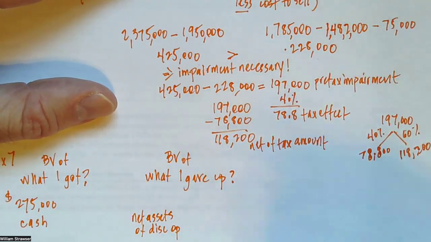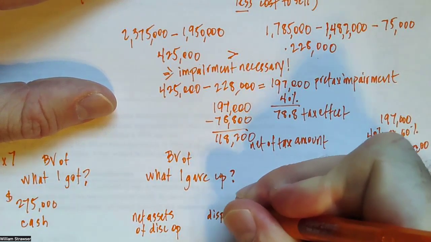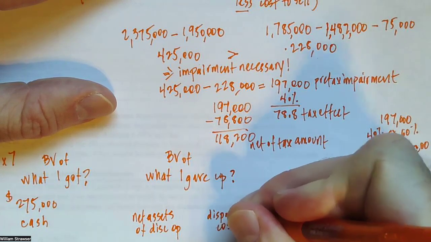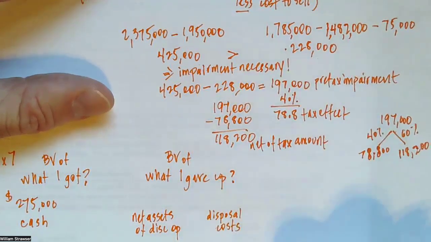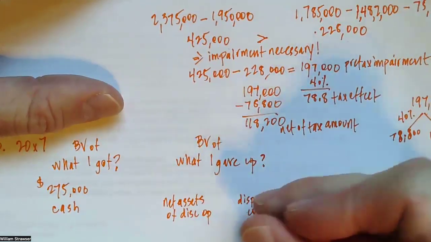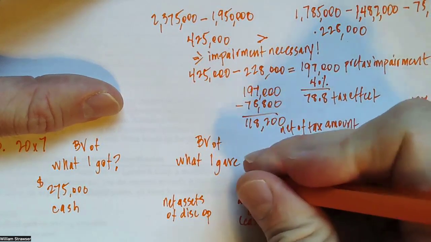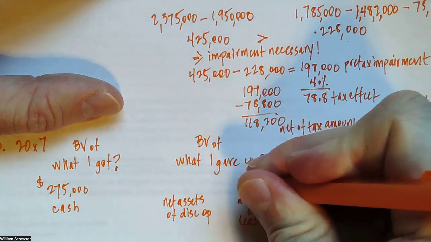And I also had to give up some disposal cost cash. Like, I actually had to pay that cash. So I gave up really two things to get this one item. The disposal cost, it said, were 75,000.